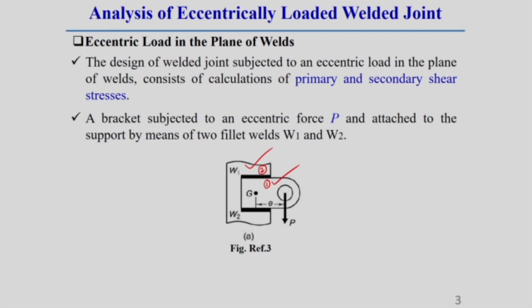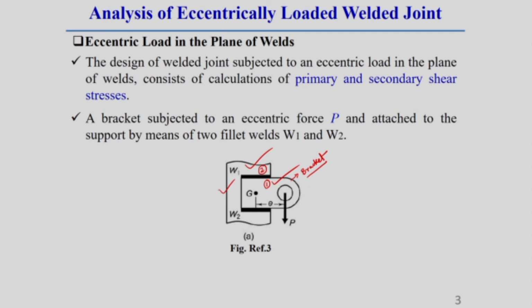So, here I am showing the welding which I made for connecting this bracket. I am connecting it by using welding over another plate or another support, which I am representing by 2.